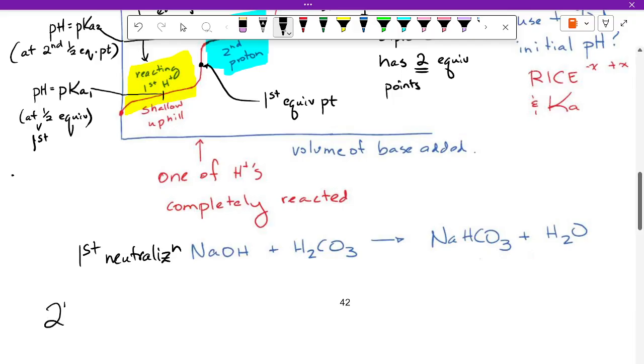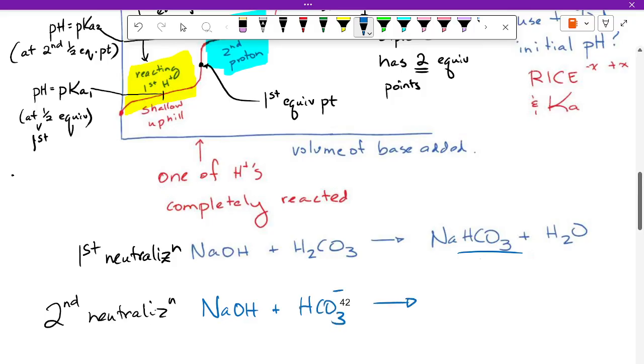And then we're going to have our second neutralization, where we get a second NaOH plus, and now we're going to have the HCO3, and that's then going to become CO3 plus H2O.